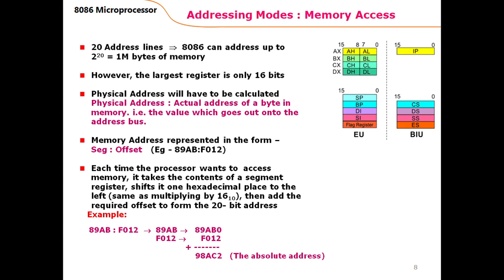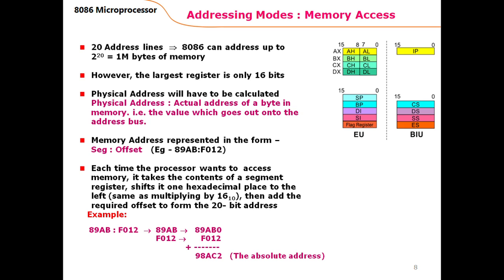Each time a microprocessor wants to access a memory location, it first takes the content of a segment register. If it is data segment, then it would go to the data segment register, and if it has to read an instruction from the code segment, then that segment would be the code segment register. In any case, it takes the content of the segment register and shifts that 16-bit content one hexadecimal place to the left.